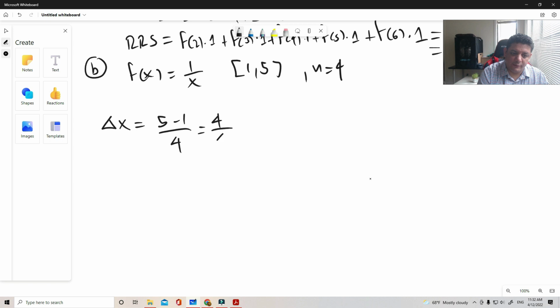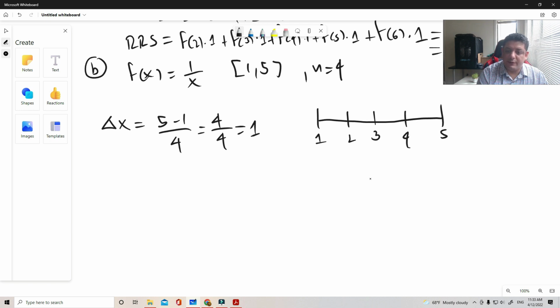Again, this is 4 over 4, this is 1. And so we're going to be doing pretty much the same thing that we did before. From 1, we go to 2, we get to 3, to 4, and then we end up on 5. So we have 4 partitions here. Now, then we go for the right Riemann sum or left Riemann sum.